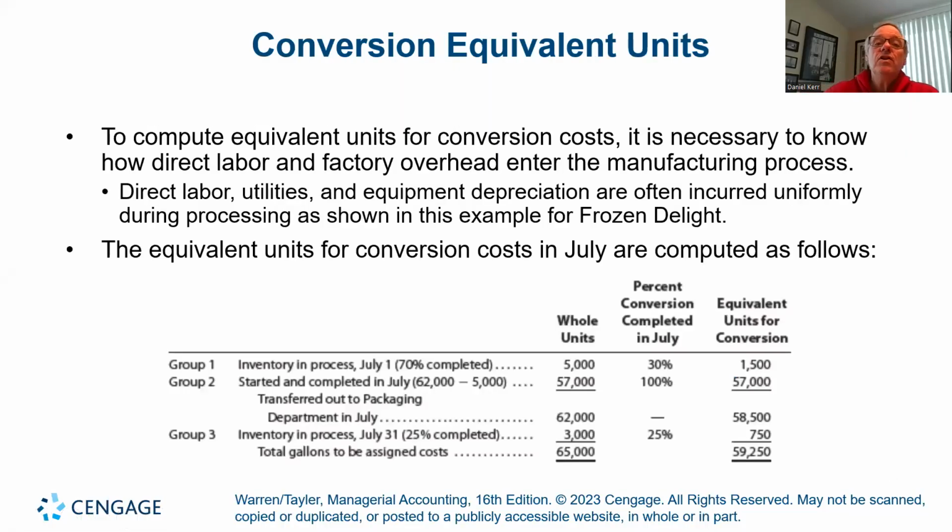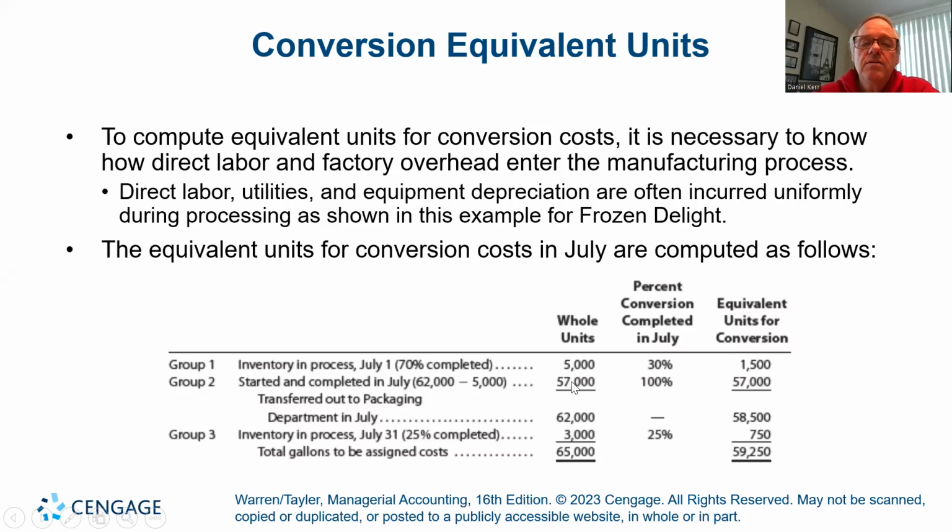Okay, conversion with regard to equivalent units. Equivalent units are, again, the amount of work that was done during the period. Your beginning work in process had 5,000 units that at the beginning of the period were 70% complete. So with regard to conversion cost, 30% of the work must have been done in the month of July. 5,000 times 30% gives me 1,500.